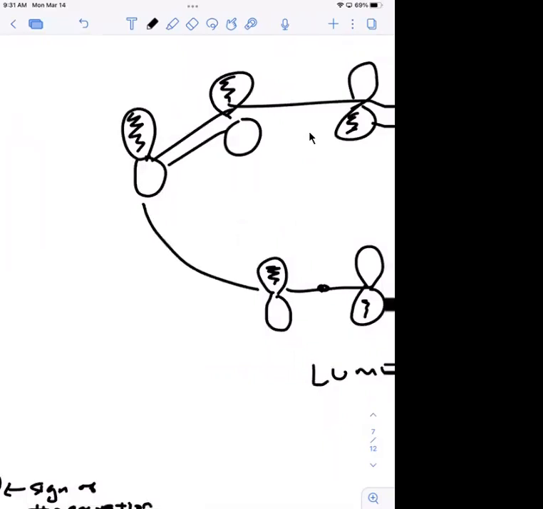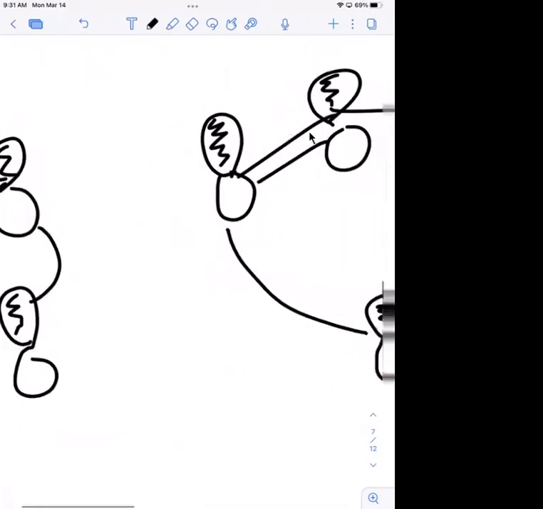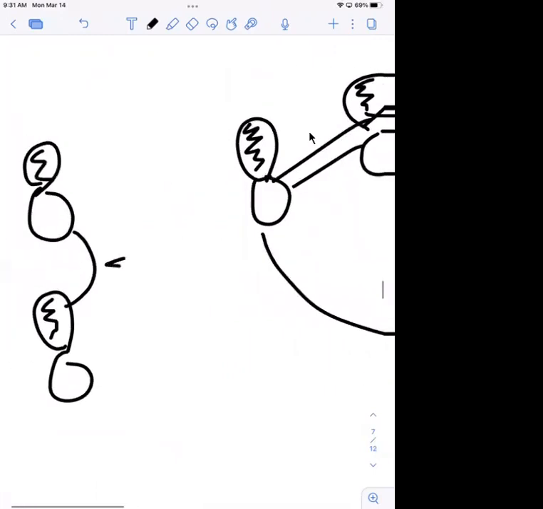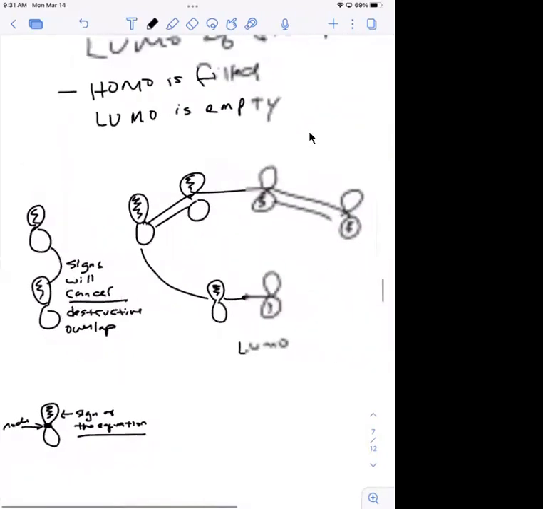If I try to overlap a shaded orbital with an unshaded orbital, they'll cancel each other out. This is what we call destructive overlap. So they're going to cancel.